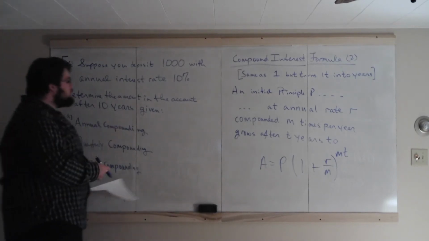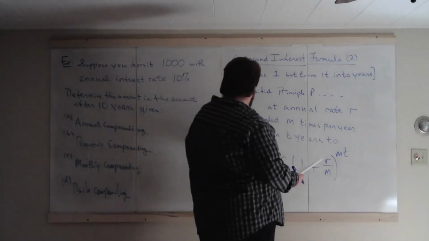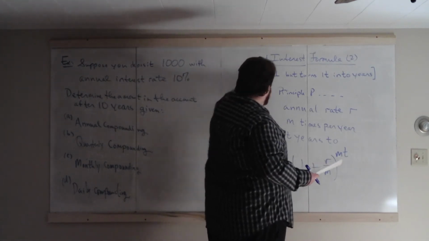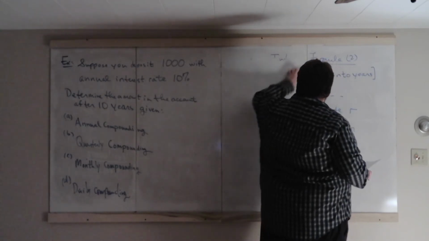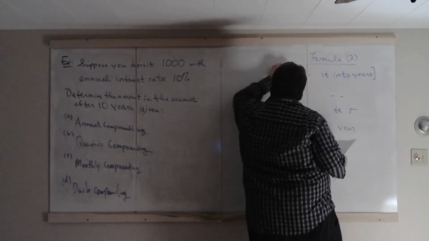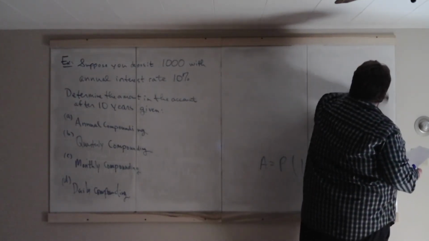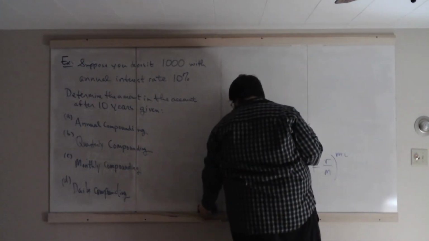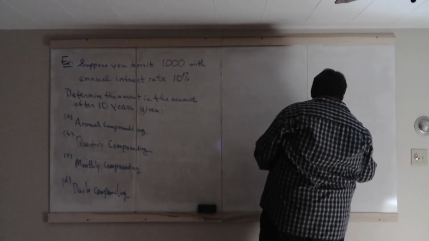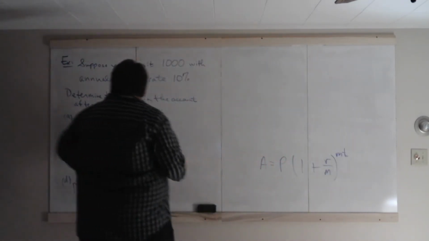Well, we're just going to use this formula. We just have to be careful that we use it properly. P is given first. P is the principal. P is $1,000. So let's call the result A in each case.